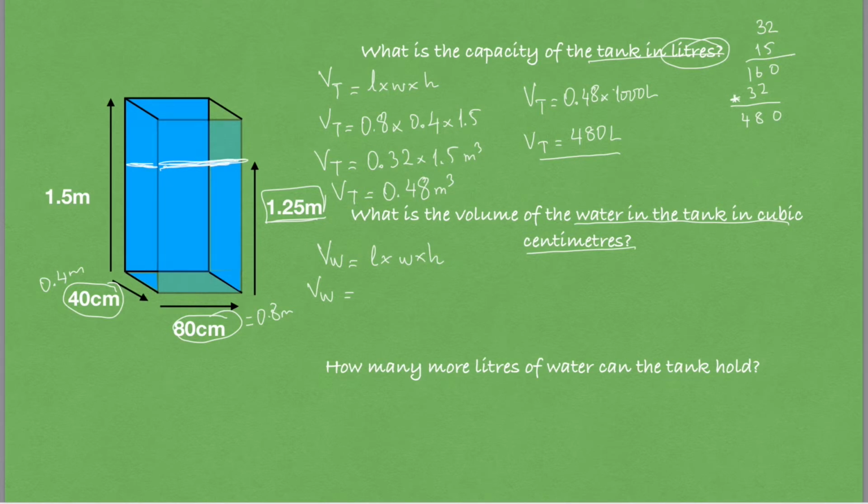Length and width are going to be the same, which is 0.8 and 0.4, but height will change, which is 1.25, and the water volume equals 0.32 times 1.25, which is meter cube.